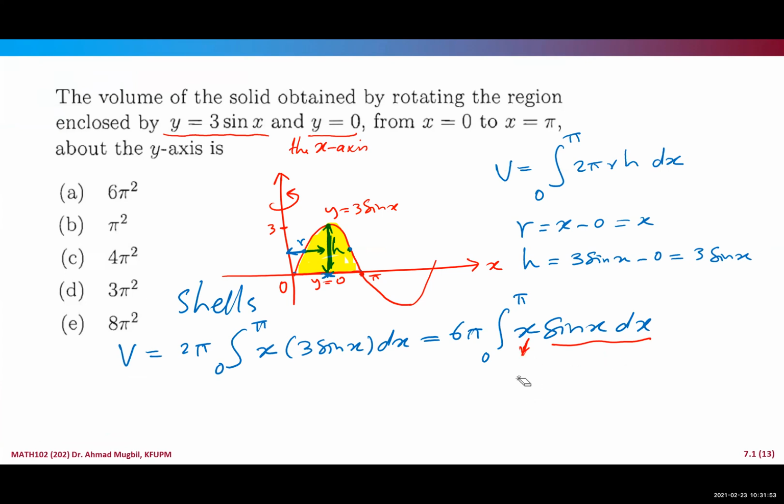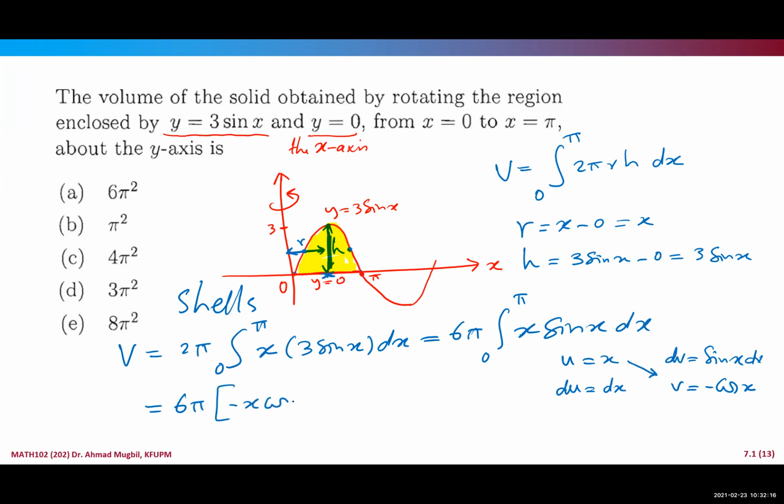So we will choose u equals x, dv equals sine x dx, and du will be dx. v will be negative cosine x. And this integral will be equal to 6 pi multiplied by uv, negative x cosine x, minus the integral of v du, so it will be plus the integral of cosine x dx, from 0 to pi.